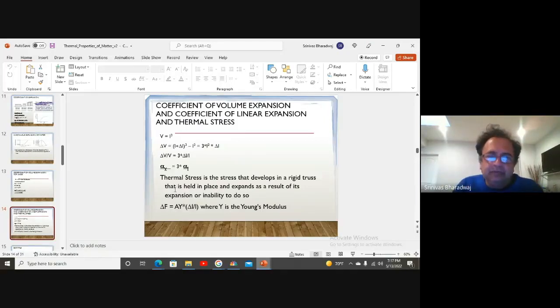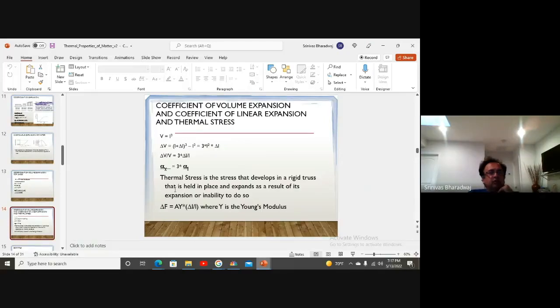Now, thermal stress is what develops as a result of that expansion. The expansion is related to alpha L. When you expand something, it produces stress over strain. Stress over strain is what? Young's modulus. So delta L over L is given by alpha L times delta T, which leads to a corresponding stress.